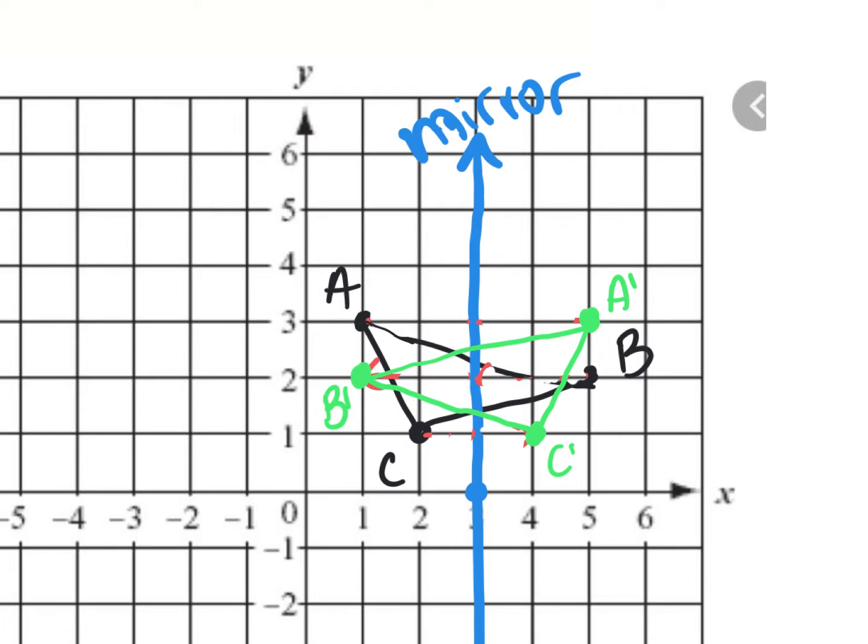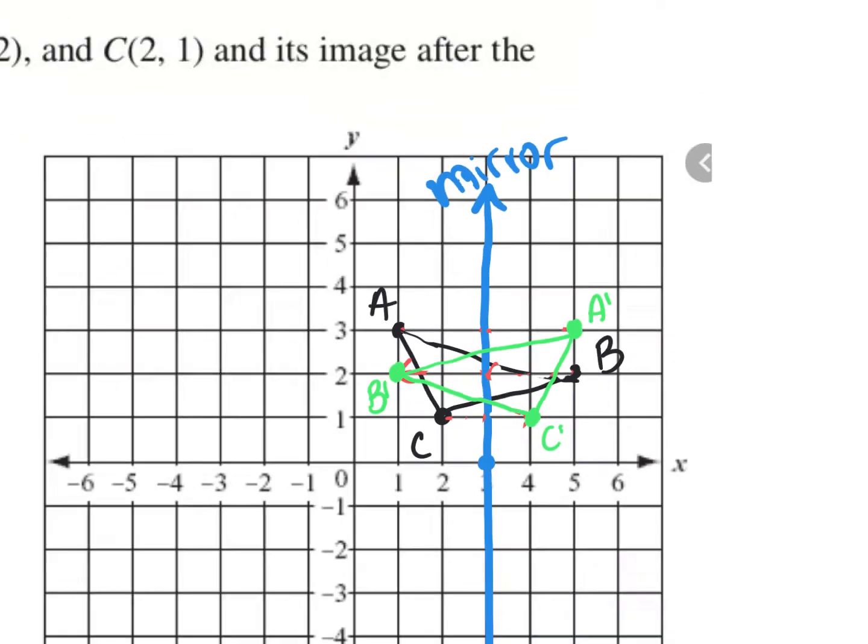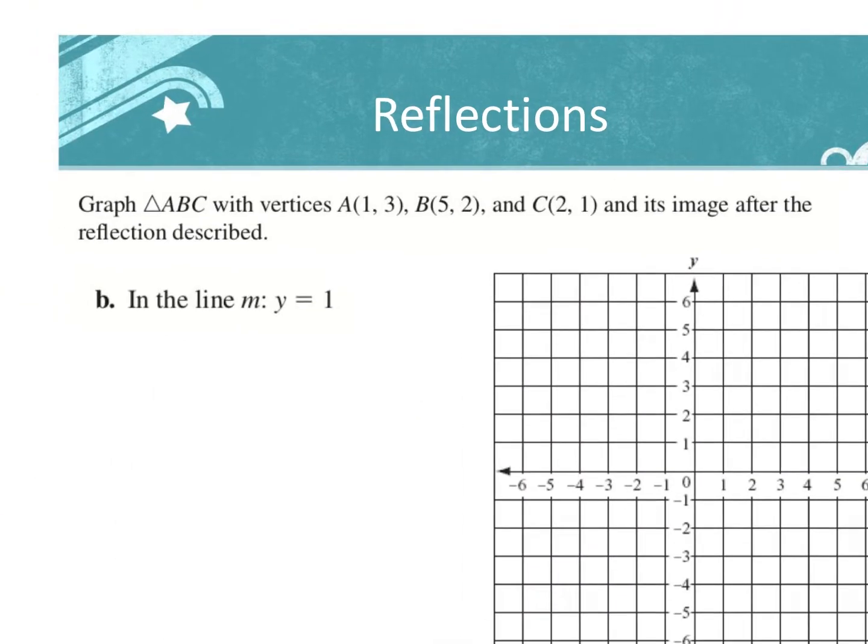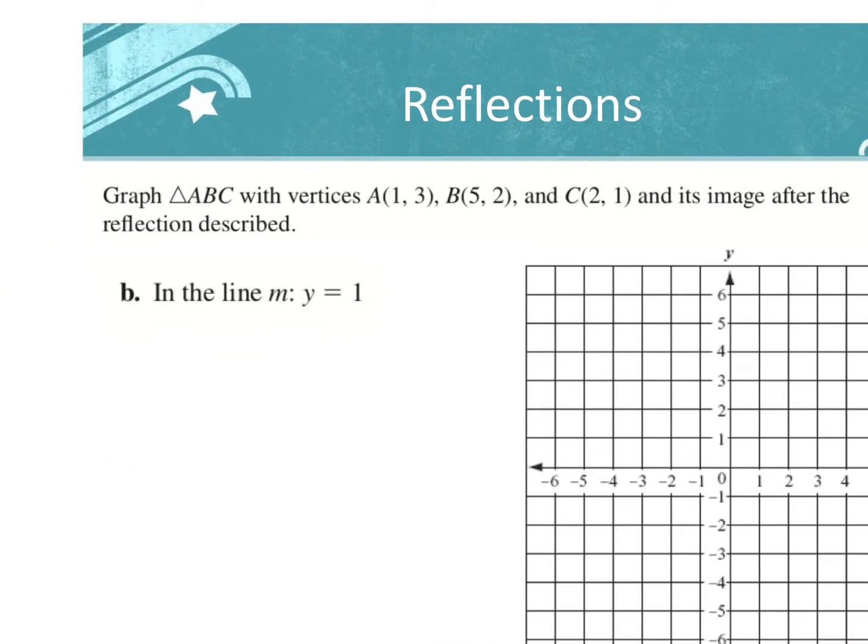Questions? Okay, we're going to use the same figure, but now we're going to change our line of reflection to y equals 1. So this is now our mirror. What kind of line is y equals 1? Horizontal. Very good.